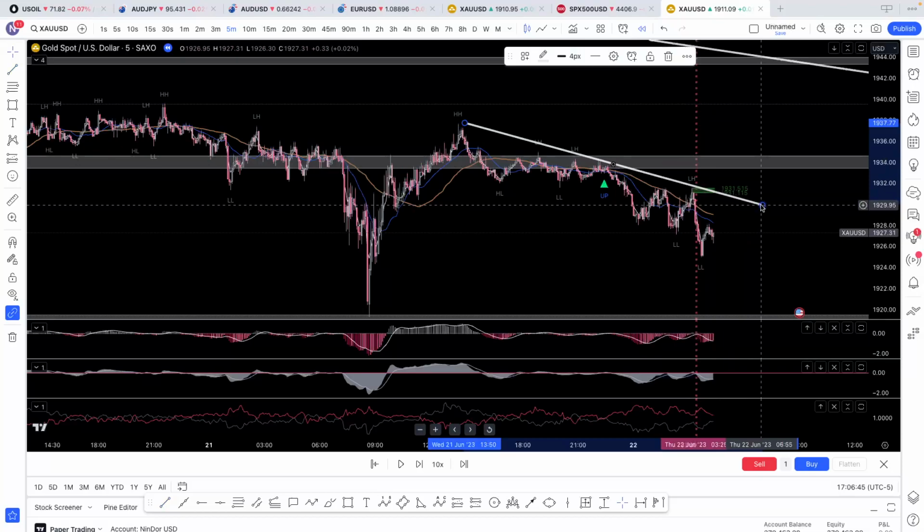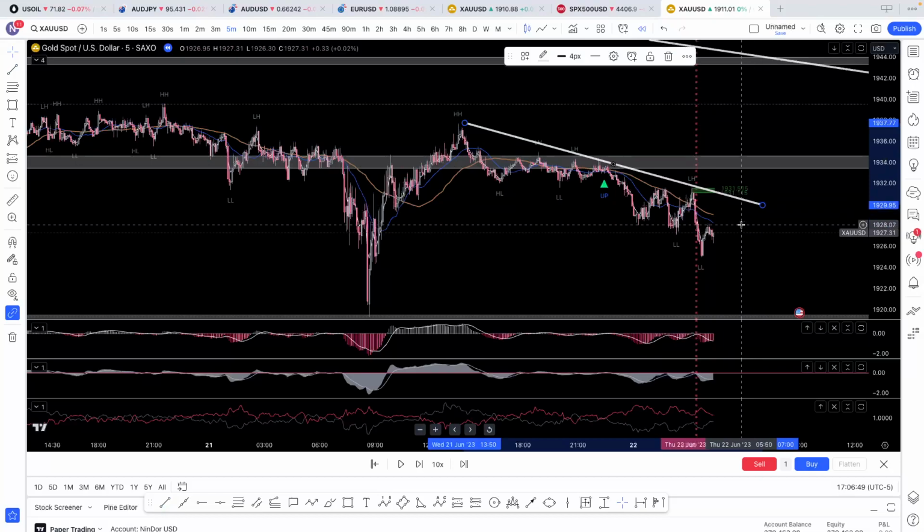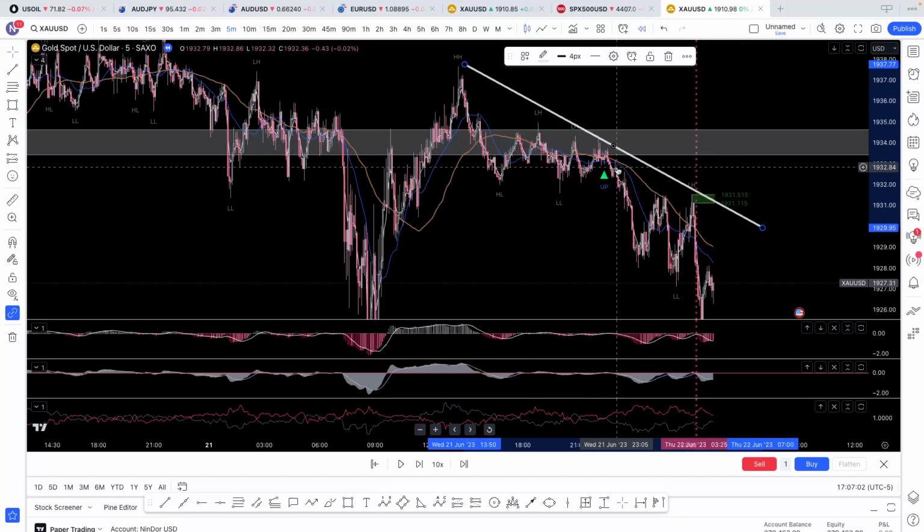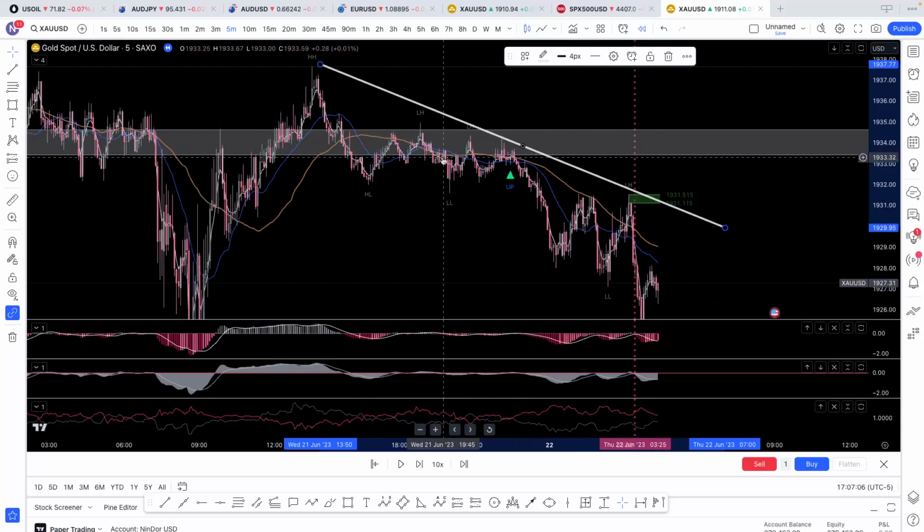Identify the trend direction, which I've noticed is down. And trap the direction of the trend on a 5-minute time frame. So I do have it trapped. Then identify the 20 and 50 moving average position. Right now the 20 and 50 aren't crossing. Let's see here, there's some crossing back and forth that has occurred.